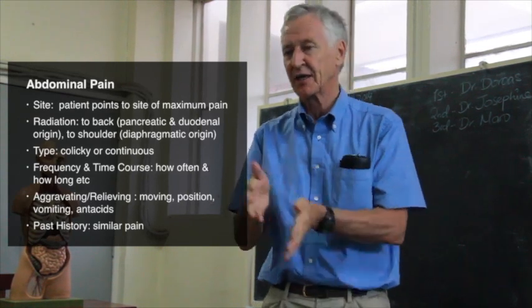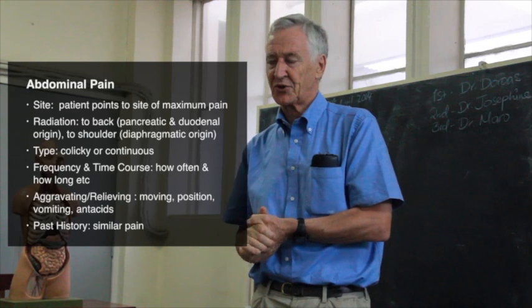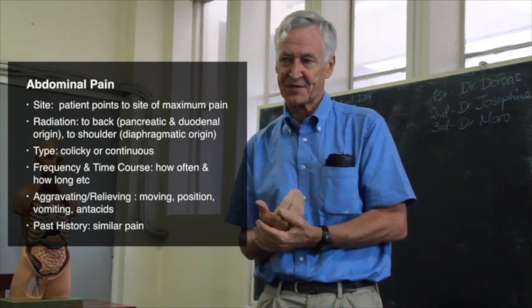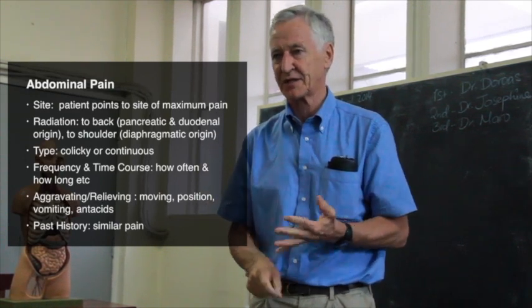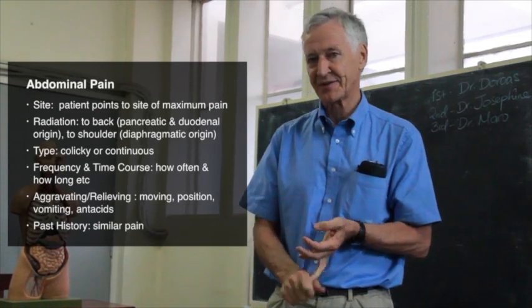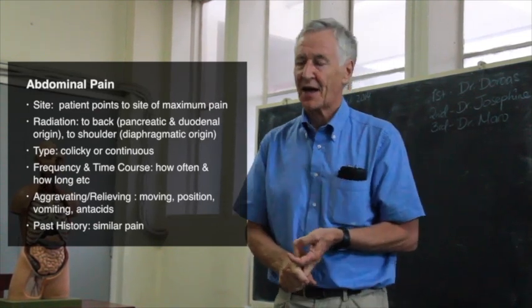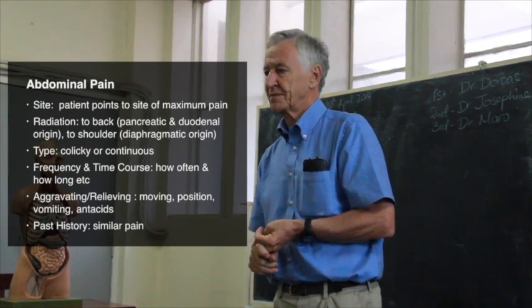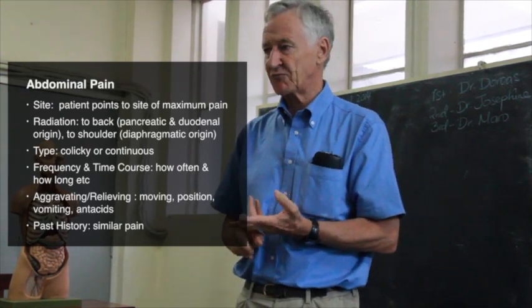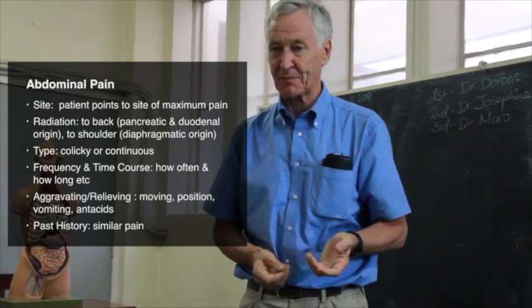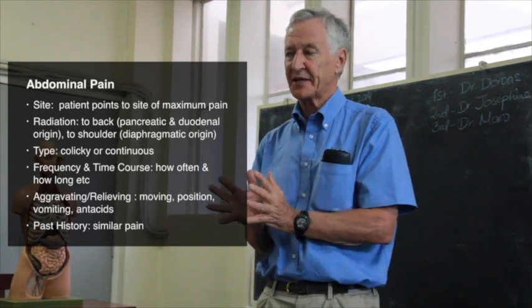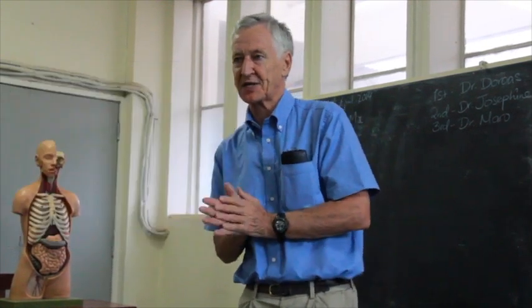One is colicky, the other is continuous. Now you're taught to ask the nine points about pain: the site, character, how severe it is, the nature of the pain, and what we call aggravating, relieving factors, associated factors, any past history. So I am reminded that you have to go over those in the gastrointestinal system.